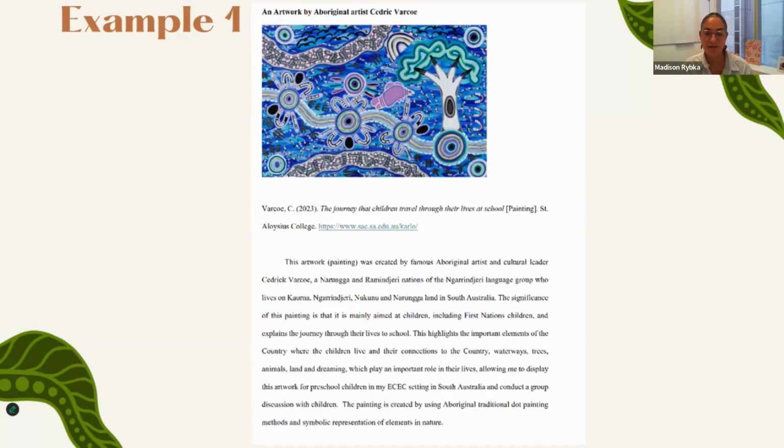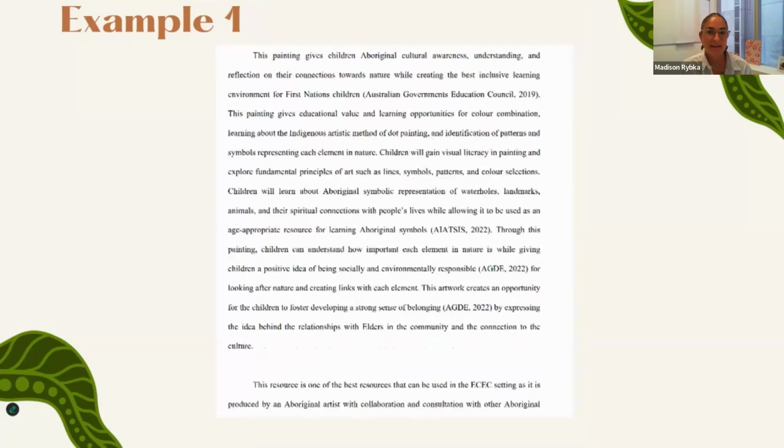This artwork is for an early childhood setting in South Australia and can be conducted with group discussions with children. Again, I've snipped a lot of these, so I'm not showing you everyone's full writing, but I'm just giving you some ideas. This painting gives children Aboriginal cultural awareness and understanding and reflection on their own connection.